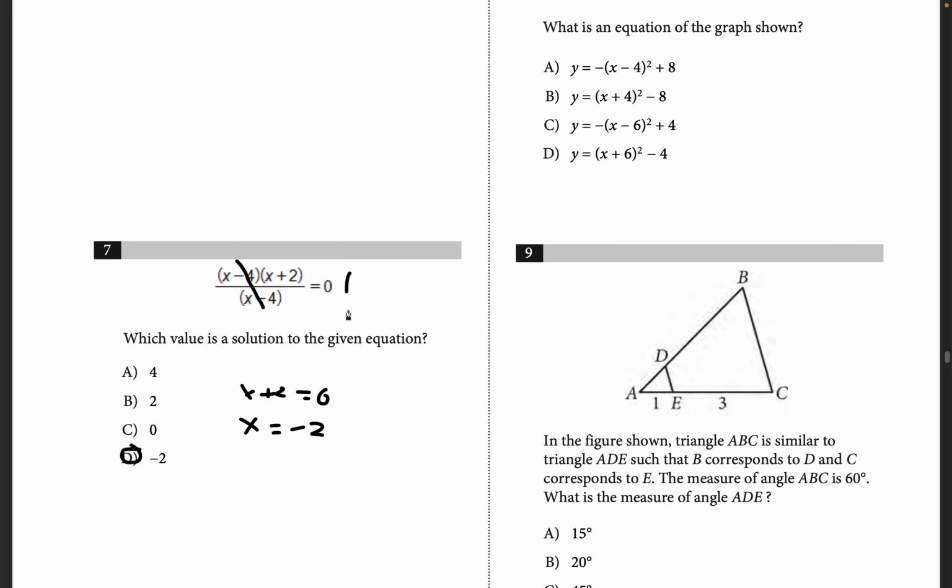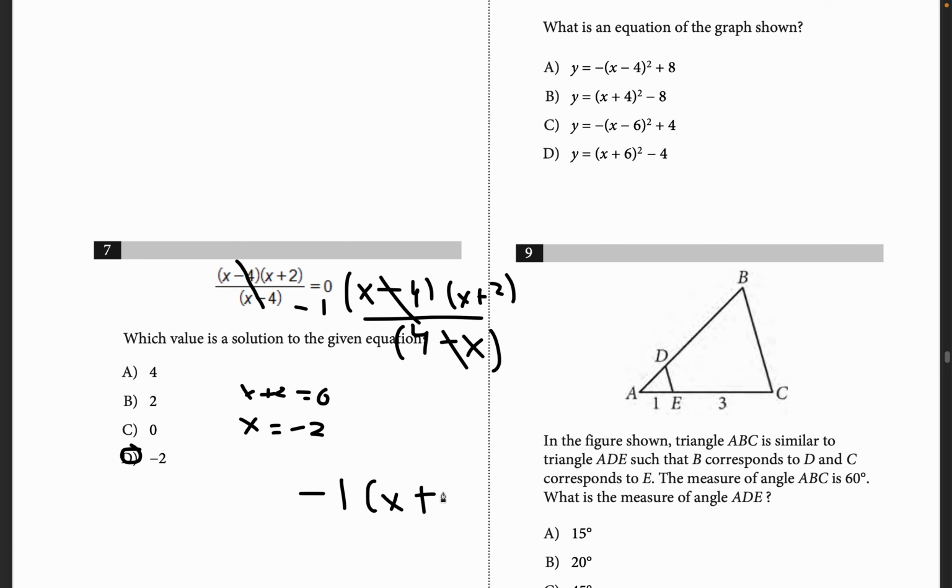If it was, let's say, x minus 4 times x plus 2 over 4 minus x. This is the reverse of this, so you're going to cross out and write negative 1. And that would have been negative 1 times x plus 2, equals 0.